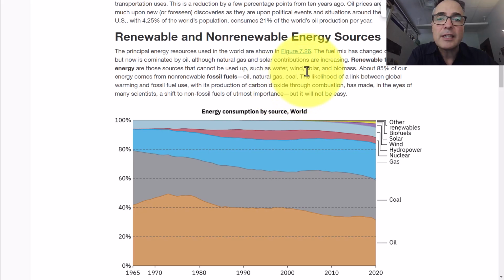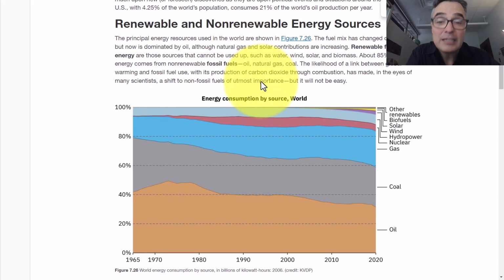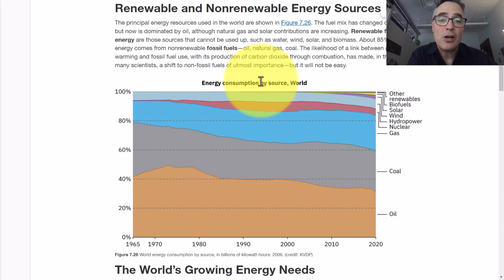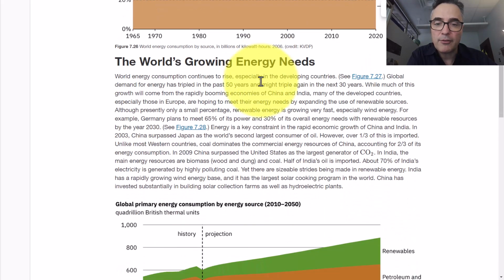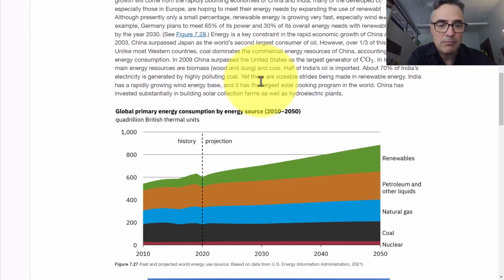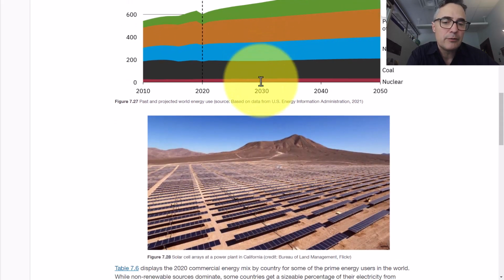And there are other things like water, wind, solar. Those do not create greenhouse gases, and so do not affect our climate. That's, I think, the most important thing about this whole section, and it's not mentioned once. I don't know why. They just talk about renewables and non-renewables.